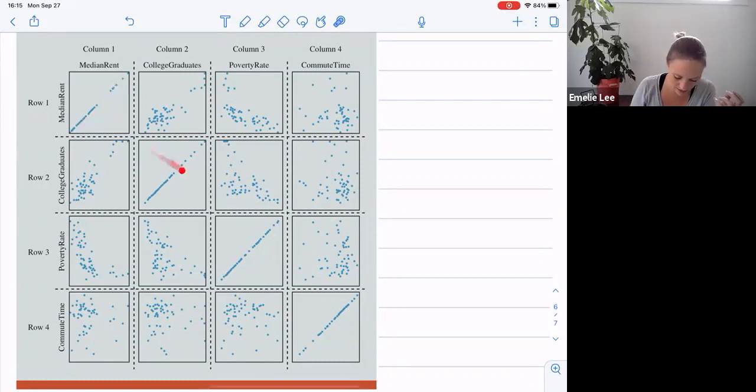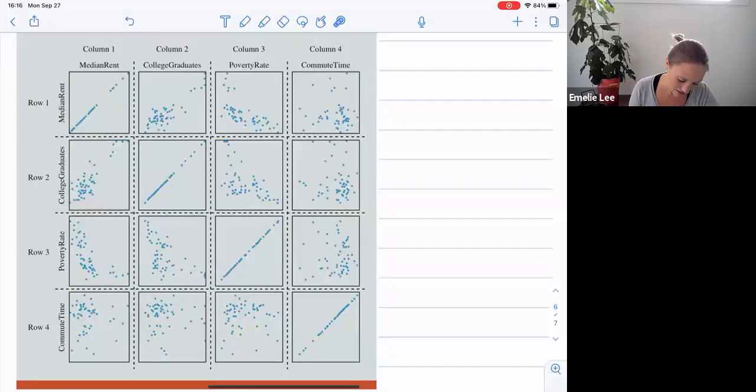Notice that across the diagonal here, you've got this perfect y equals x situation, right? Because the median rent mapped against the median rent is going to be just a straight diagonal line. And so these ones on the diagonal are not interesting because they don't tell me anything, right?